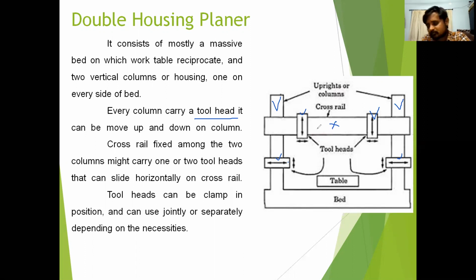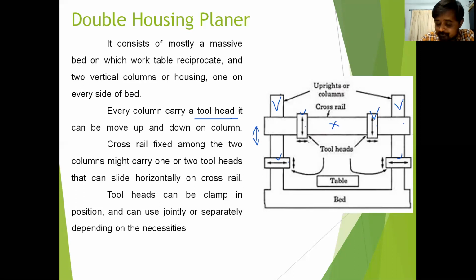So if you observe, this is a cross rail. On this cross rail, two tool heads are there. We can adjust the height of the tool heads by moving the cross rail upward or downward on the vertical columns.